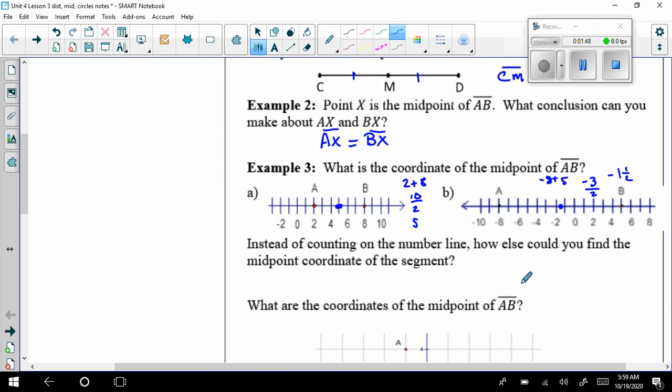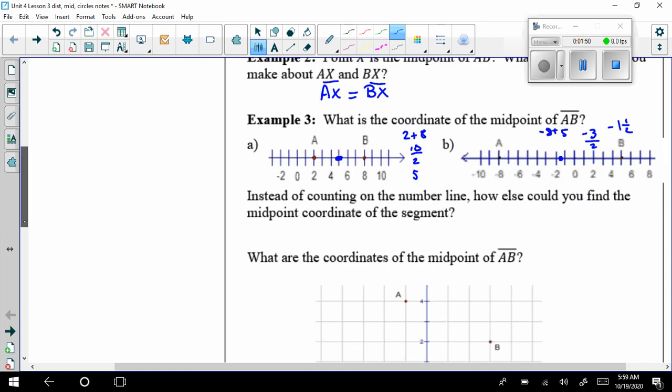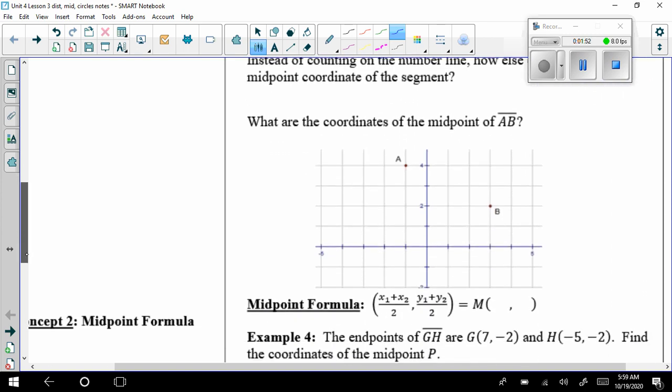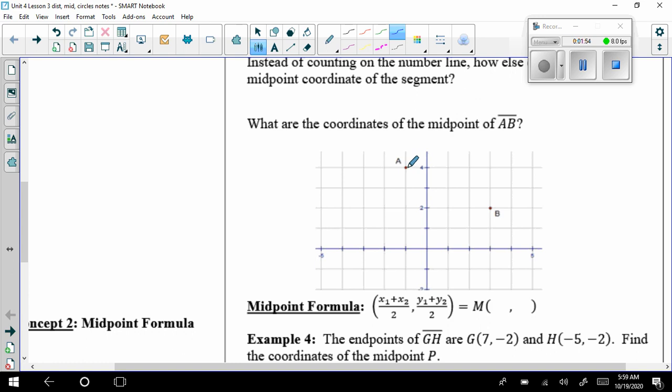Okay. But obviously we're not just looking at number lines here, we're looking at coordinate planes. And so if I want the midpoint of this diagonal line, I can't just count that. All right. But what you can see here is that you have a vertical change. So we're moving from a higher value to a lower value.